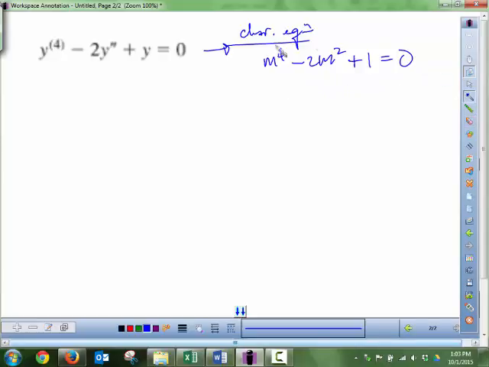That was right? Yeah, so it was right. So it'll be m squared minus 1 quantity squared, and then you factor m minus 1 and m plus 1. So Nick was right. I mean, the calculator was right.